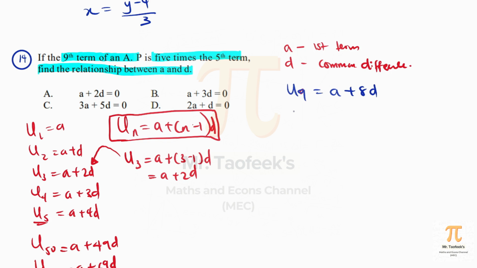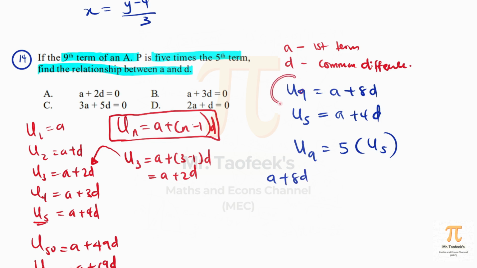All right. And then U5 is equal to what? Before that, let's just write out U5. U5 is equal to A plus 4D. Now, they told us that the 9th term is 5 times the 5th term. U9 is equal to 5 times U5. So, therefore, A plus 8D, which is our U9, is equal to 5 times our U5, which is A plus 4D.